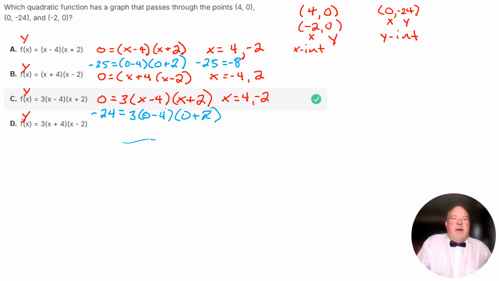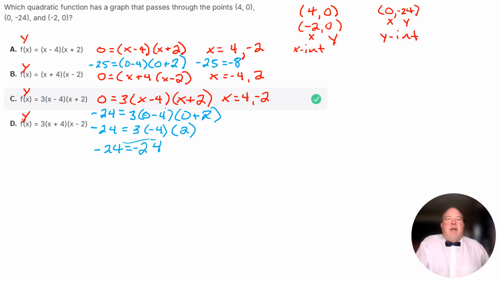So negative 24 equals 3 times negative 4 times 2, since 0 plus 2 is 2. If I multiply 3 times negative 4, that's negative 12, times 2 is negative 24. So I end up with negative 24 equals negative 24, which is true. That one matches both the x-intercepts and the y-intercept, and so that would be the answer.